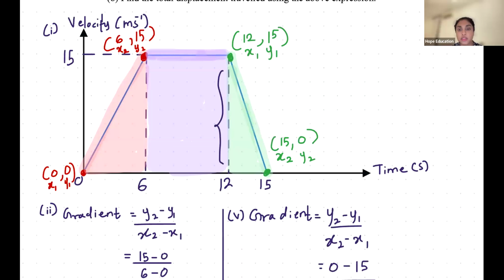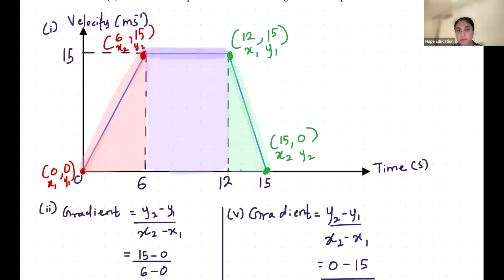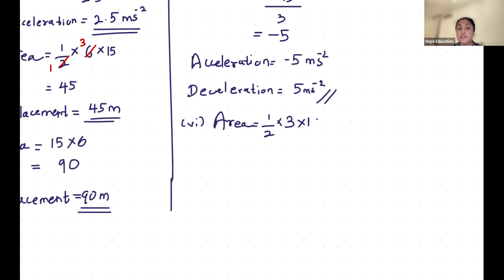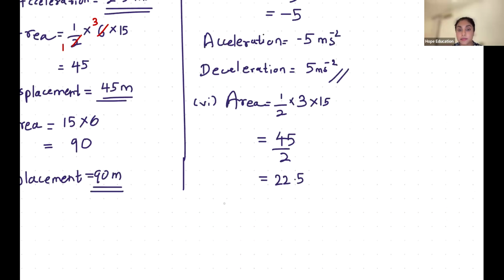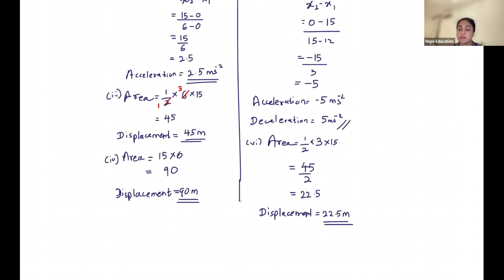So half into 3 into 15. 3 into 15 is 45. 45 divided by 2 would be 22.5. Then we get the displacement as 22.5 meters.